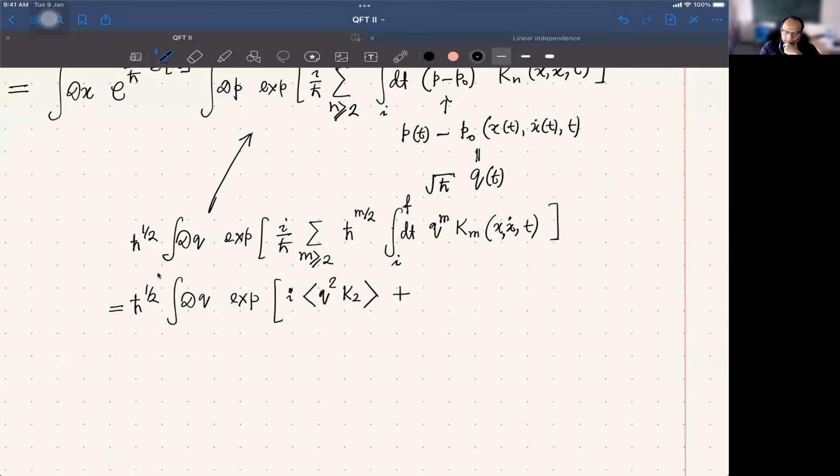Then the second term, m equals 3, so that is h bar to the power half, so plus i times h bar to the power half, q cubed k3, and so on, where we have used a notation: this means integral dt from i to f.